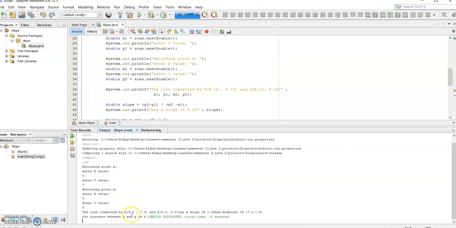The line connected by P point 5.0 and 7.0 and Q is 9.0 and 8.0 has a slope of 0.25, as midpoint of 7.0, 7.5. This is the midpoint, and the distance between P and Q is 4.12.